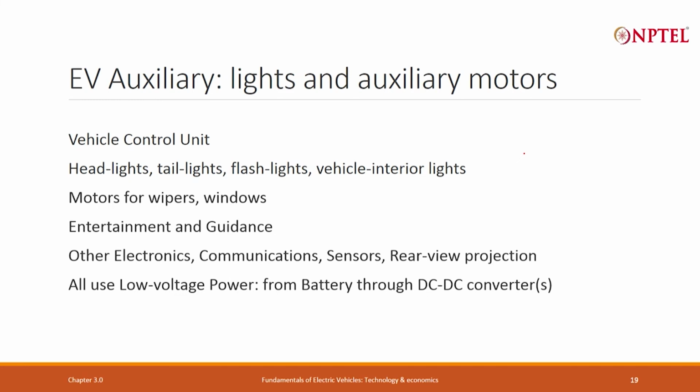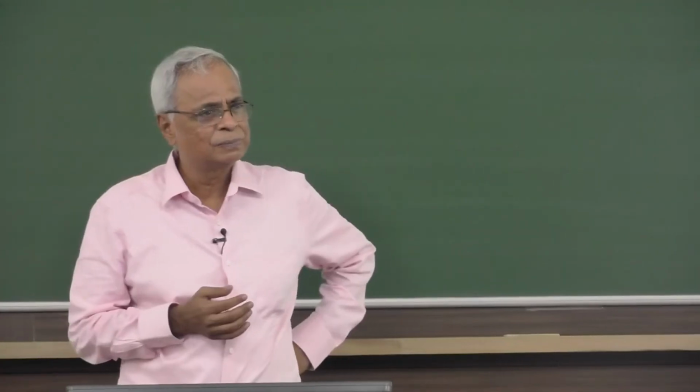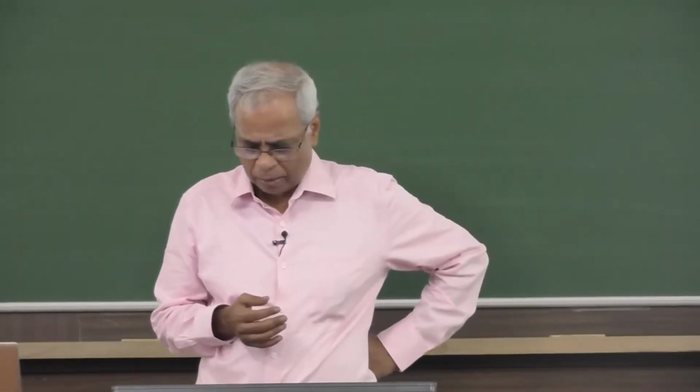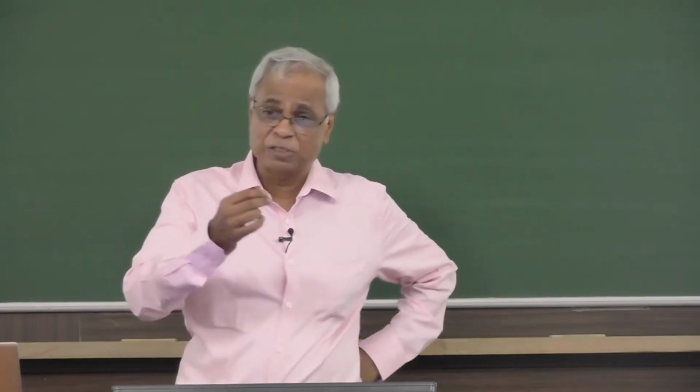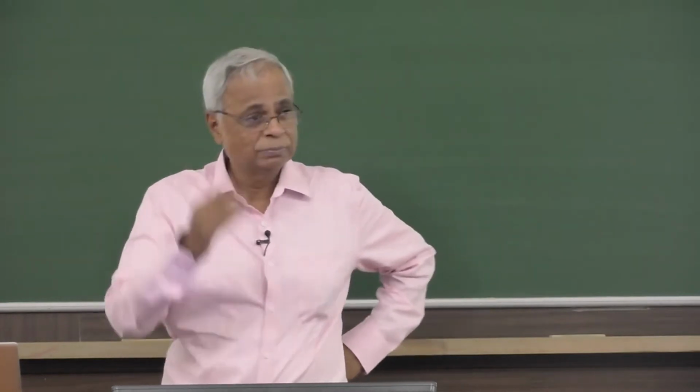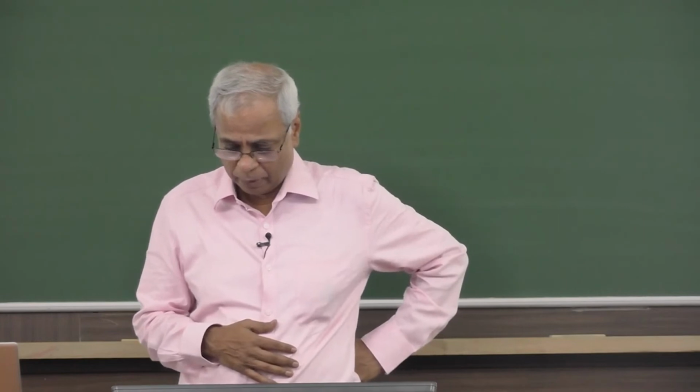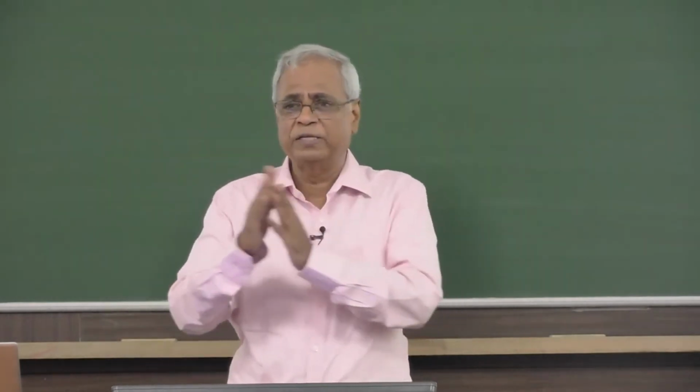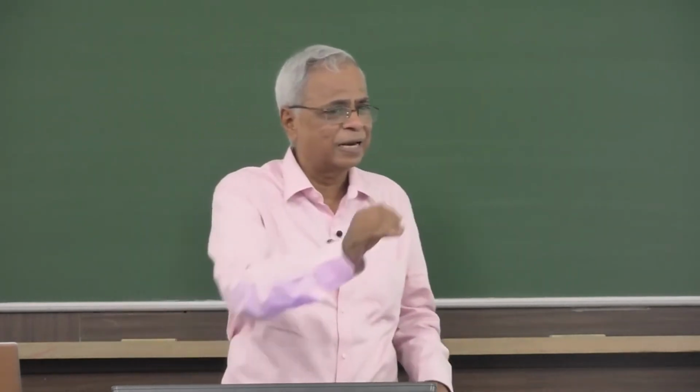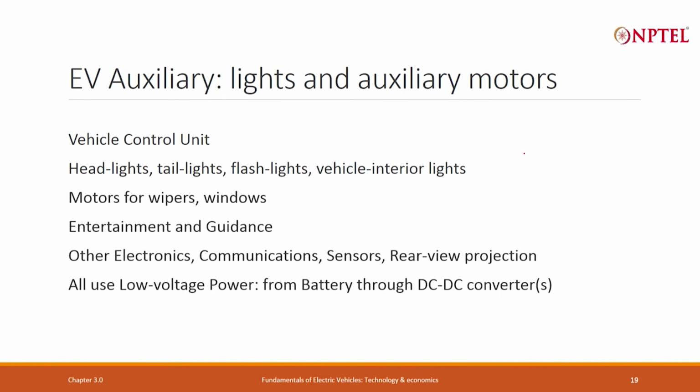So, most of the electronics today work at 3.3 volts or even lower, or you tend to use 5 volts. There are electronics which use even lower than 3.3 volts. So, of course, you will have to go through a DC-DC converter to get the right voltage from the battery.